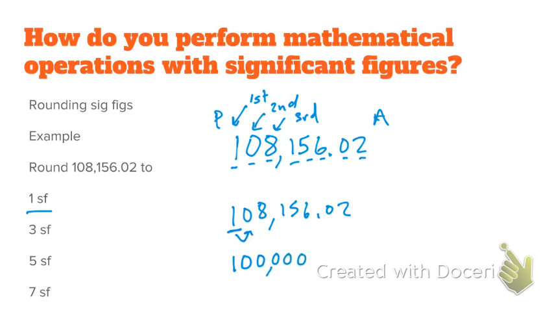All right. So this has one significant figure because now the decimal is absent. If the decimal is absent, I would count from the Atlantic side, so these zeros don't count, and I have 1 sig fig here. So 1 sig fig rounded is 100,000, which is pretty close to 108,156.